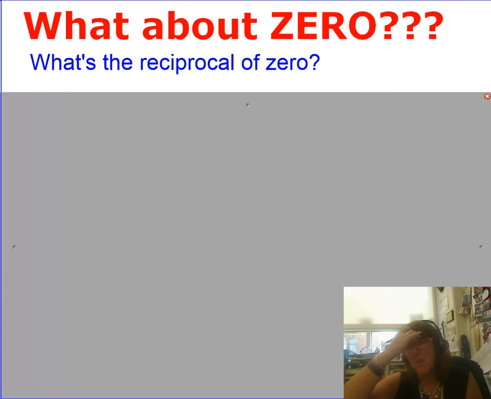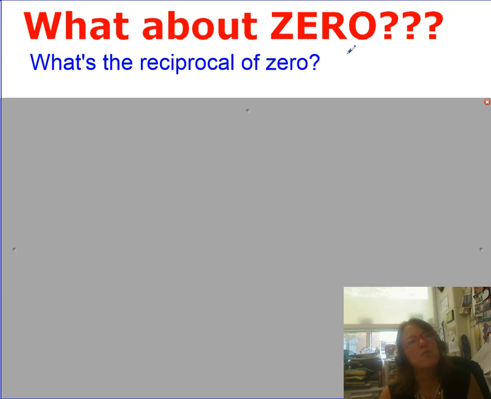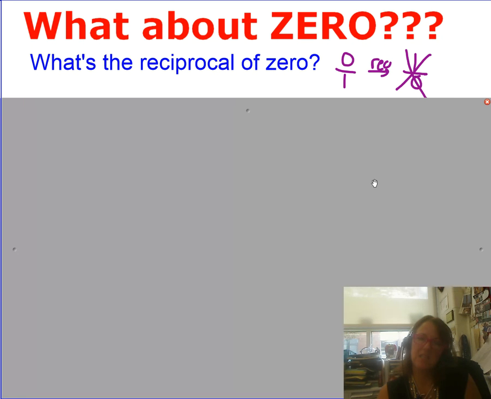What about 0, though? 0 is an awesome number, but there's something weird. So if I have the number 0, and I say, what's the reciprocal of 0? Well, let's see. 0 could be written as 0 over 1. So therefore, the reciprocal would be 1 over 0. Whoa! Hold on. You can't do that. That doesn't exist in our number system. You can't divide by 0.